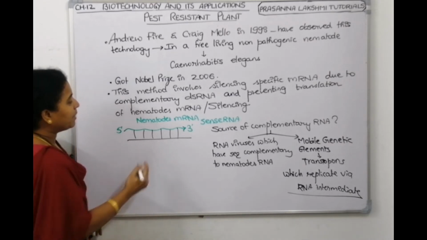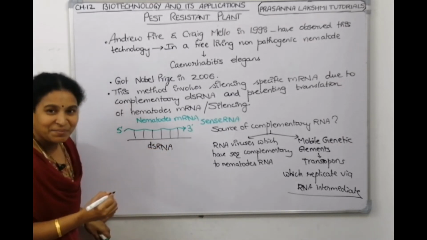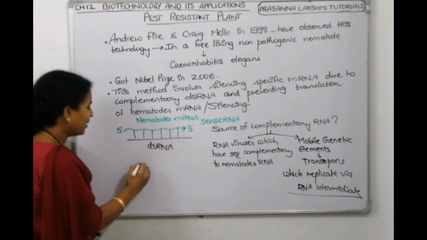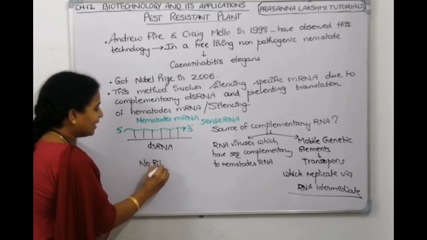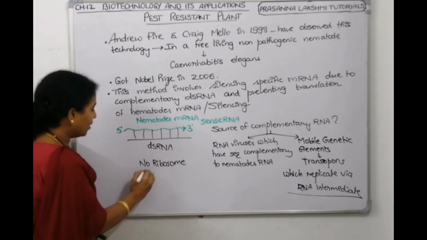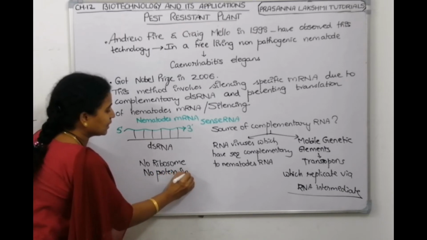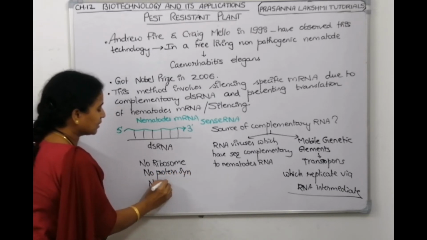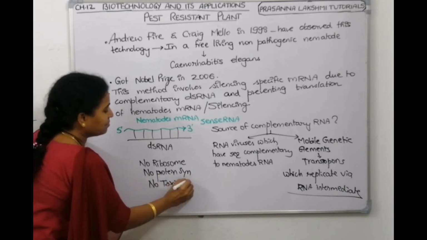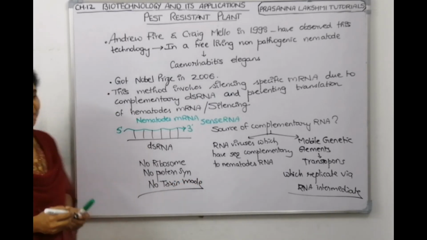When it becomes complementary RNA, it becomes double-stranded RNA. If it becomes double-stranded RNA, no ribosome will bind. When the ribosome cannot bind, no protein synthesis, so no toxin is made. This is the same story I am repeating again. Take a screenshot.